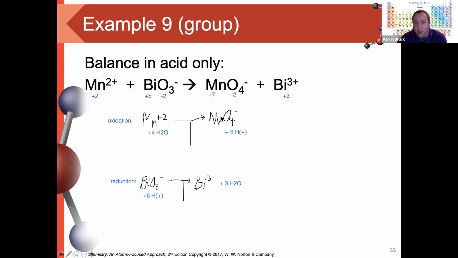And if there were hydrogens on this side already, I would just take that off. So let's say there were already 2 hydrogens over here on the product side. I would only add 6 hydrogens instead of 8. Okay. Go ahead. Okay, I'll process it.